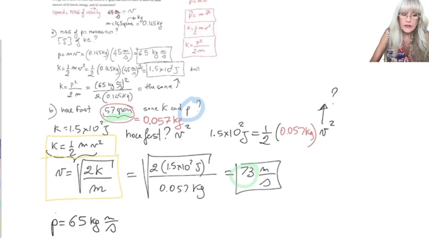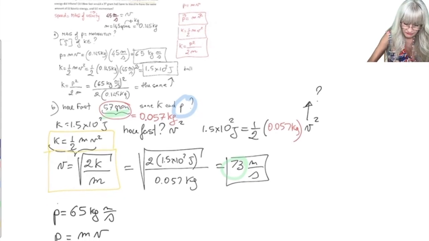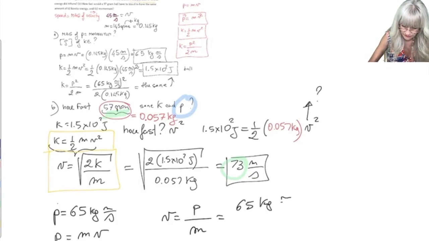I know that the momentum is mv, and I want to find v. So v is p over m. The momentum is 65. The mass was 57 grams, but written in kilograms.